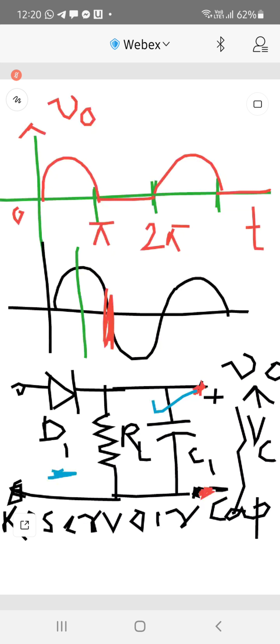So what happens is during the positive half cycle, this is the positive half cycle, and I've marked in green at pi by 2. At pi, it is the end of the positive half cycle. At pi by 2, your input waveform, the positive half cycle, is reaching its peak value. If I call this peak value Vm, as you called it, here for ease of understanding let us call this peak value VPI, that means peak value of input, P for peak value.